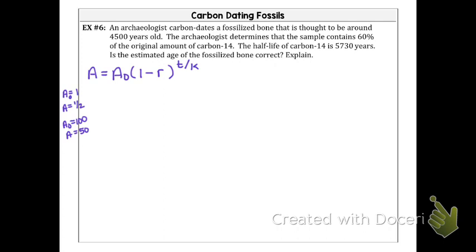It doesn't matter, because when you start plugging these in and divide by that a sub 0, because you're solving for one of the other variables, you'll end up with 1/2 equals 1 minus r raised to the t over k. So if they don't give you a beginning or ending amount, you can just pick some numbers.